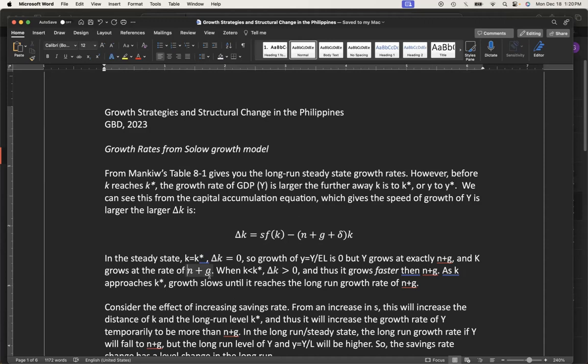But the total investment, the gross additions to capital, includes that depreciation, and this is the net growth in K. Now, when K is less than K star, delta K is greater than 0, and it grows even faster than the steady state N plus G.